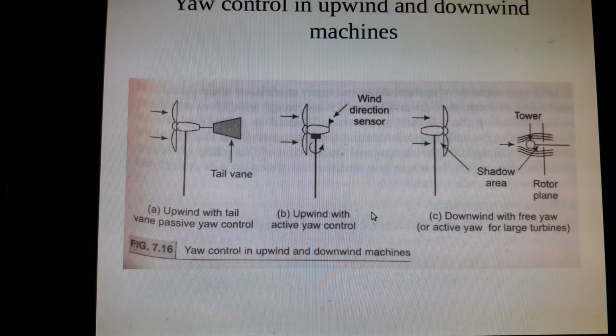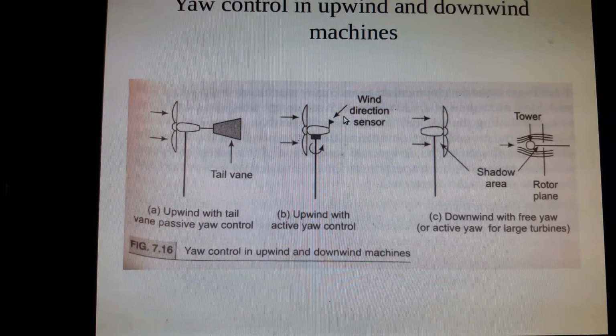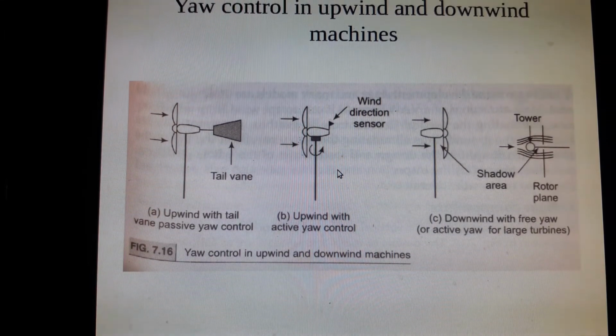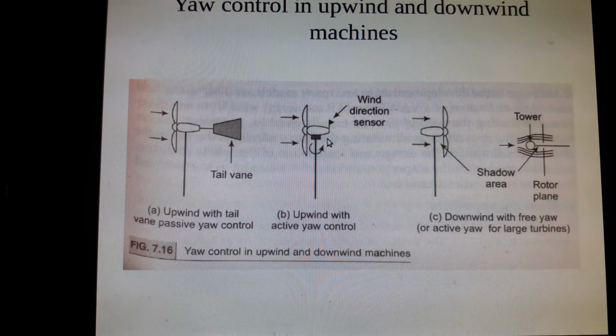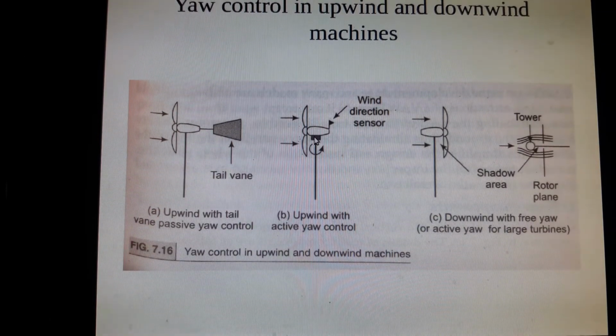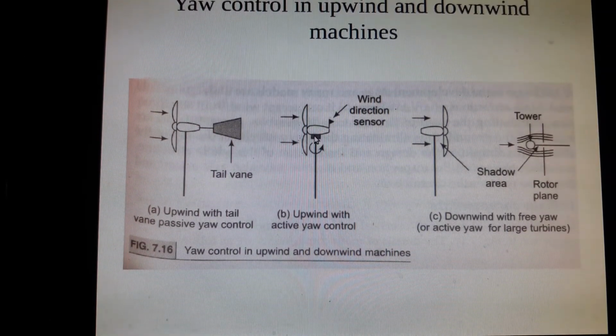But in this upwind turbine, we have a wind direction sensor, and this wind direction sensor is connected with a control system, which in turn controls the direction of the nacelle of the wind turbine.